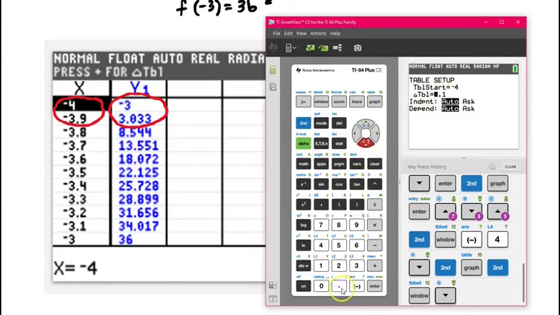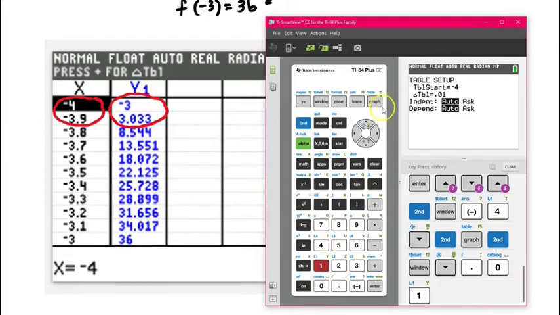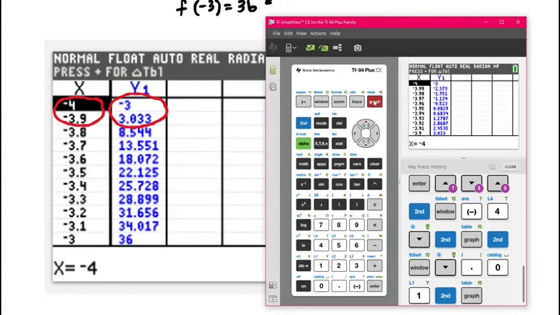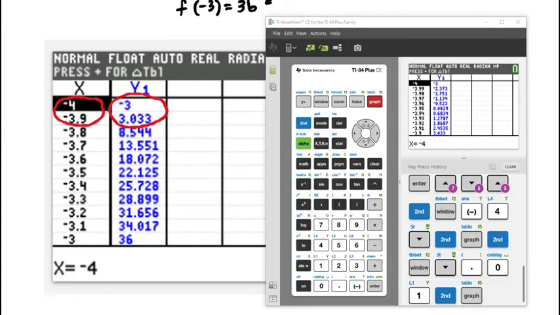So I'll make it 0.01. And let's take a look at the table now. So now my table is incrementing 0.01. Let's get another screenshot of this so we can take a closer look.